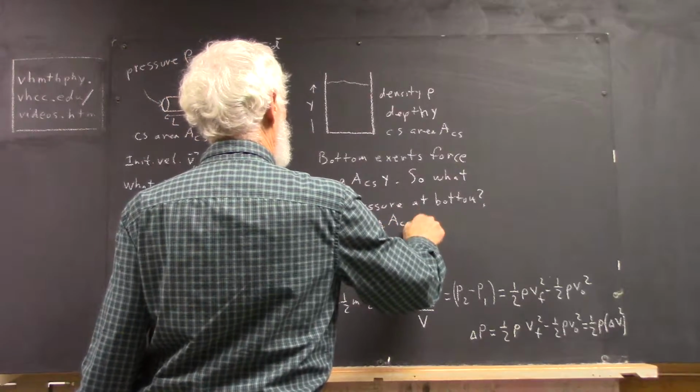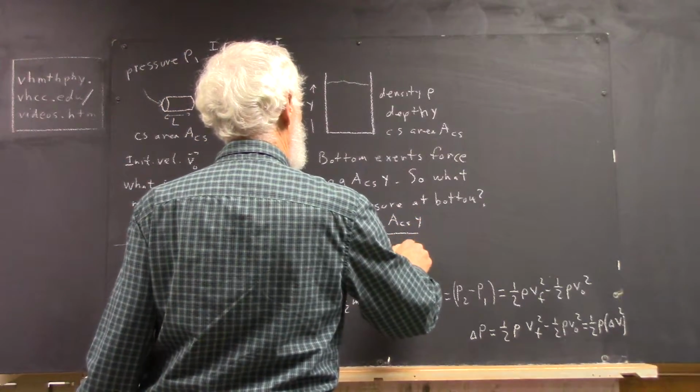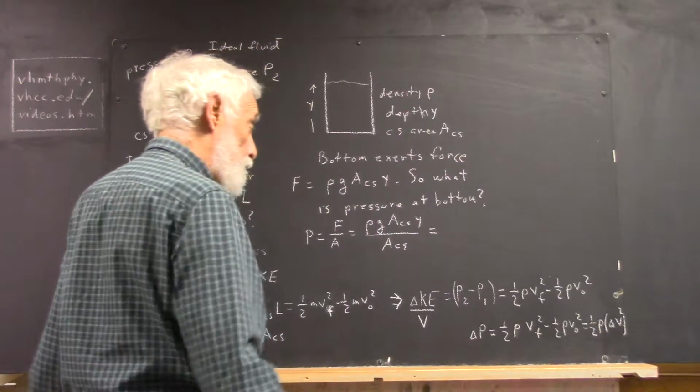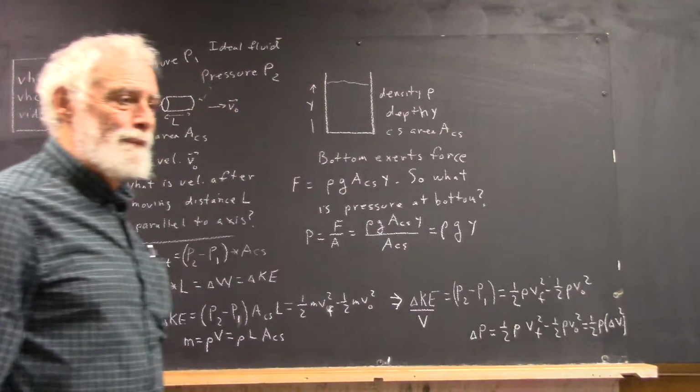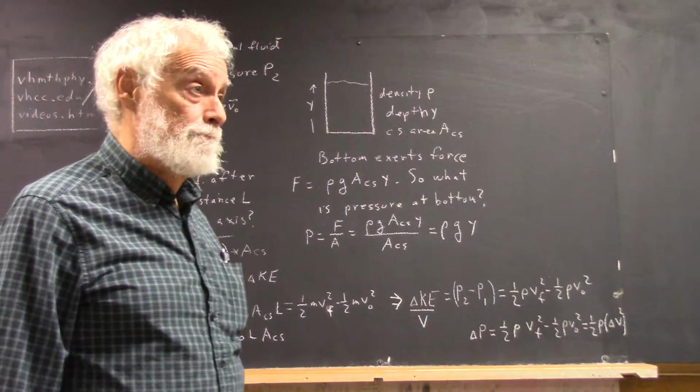Formally, I can write it like this. And you see your cross-sectional area just divides out as it has every time we've used it. And you get this. Okay?